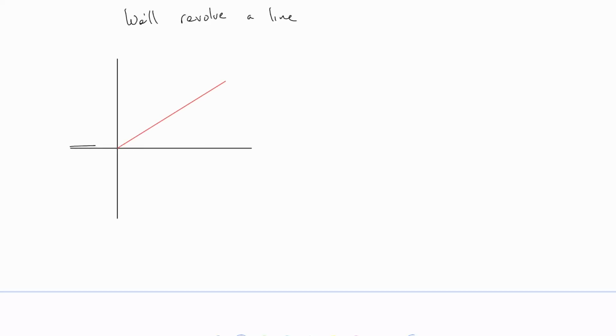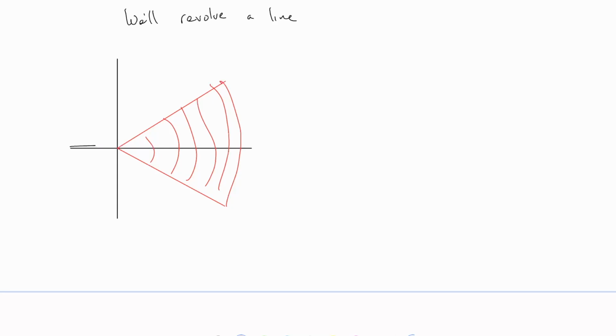Because if you take that line and spin it around the x-axis, it does indeed make a cone. I drew the line on the bottom, but actually all we care about is the line on the top, because then you spin it around, and you get the whole cone like that.